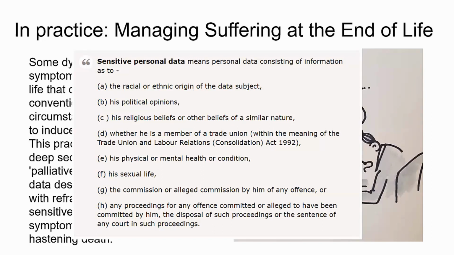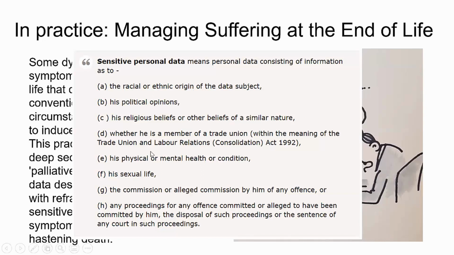But sometimes people feel like the topic itself is sensitive, and it may not necessarily fall into one of these categories. For example, if somebody is researching migration or refugee status, it may not necessarily fall into one of these, but at the same time, it's still a sensitive topic. Or in this case, managing suffering at the end of life, obviously, can be an extremely sensitive topic.